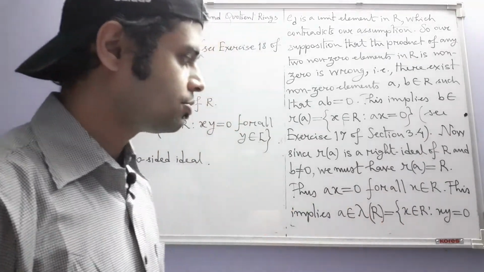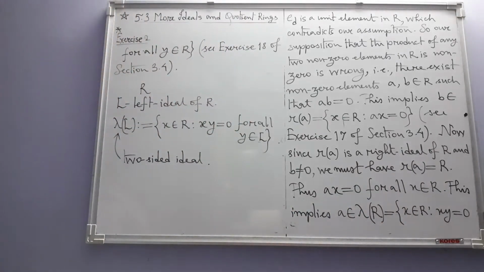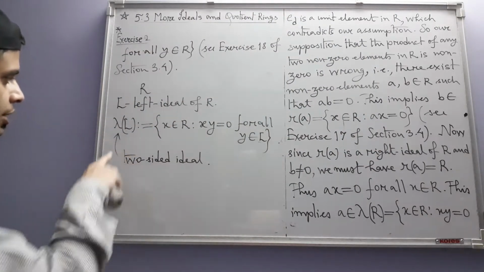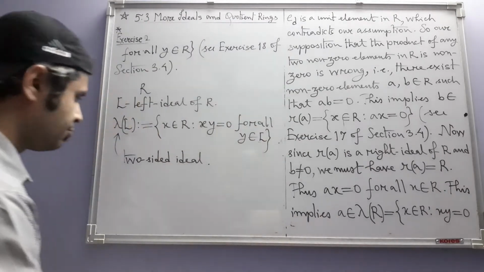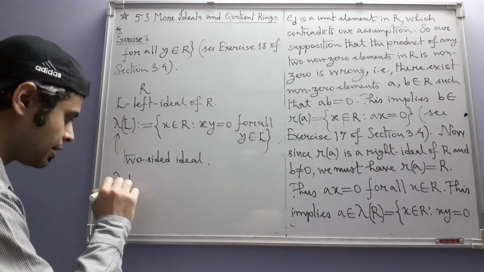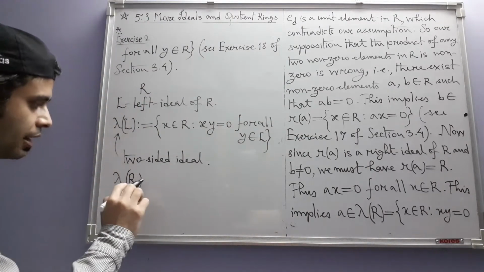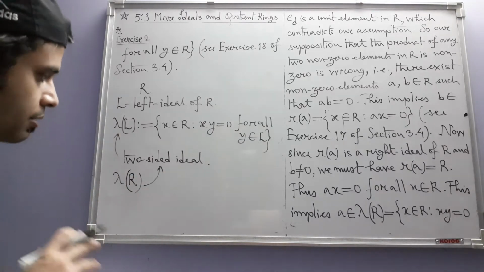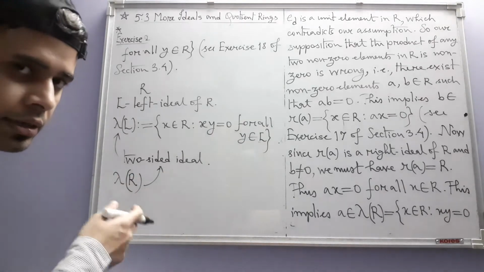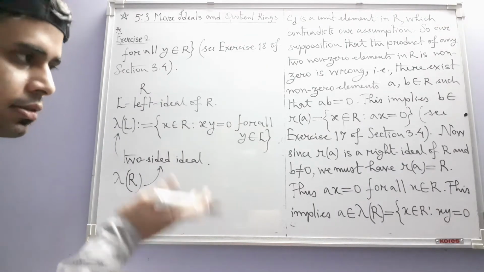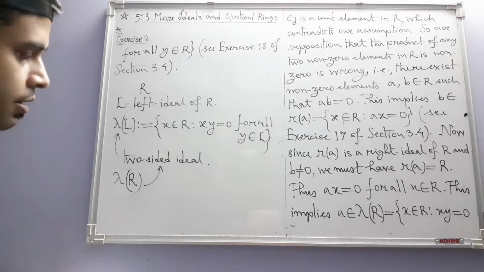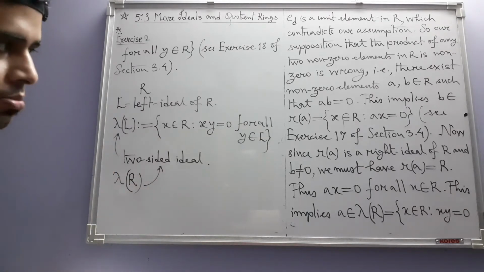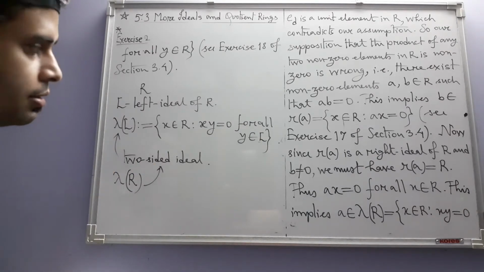So A belongs to lambda R. Okay. So now, before I wrap this up, what is our conclusion? Lambda R is now a two-sided ideal, but because it is a two-sided ideal, it is also a right ideal. It's right as well as left ideal. Only the fact that it's a right ideal is needed for us, because we are dealing with right ideals.